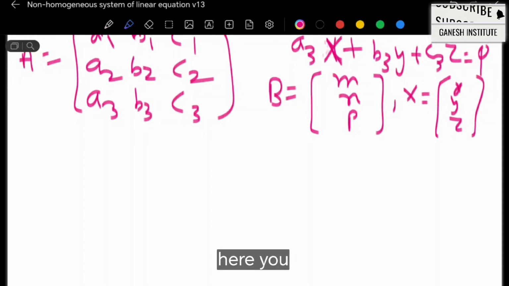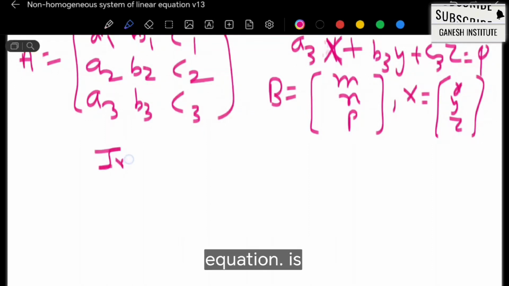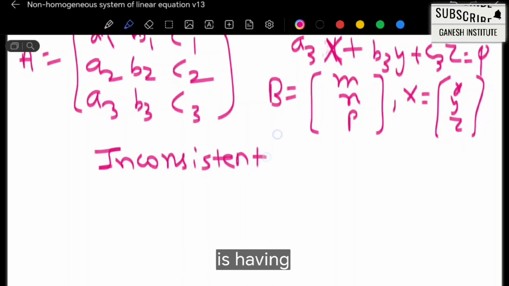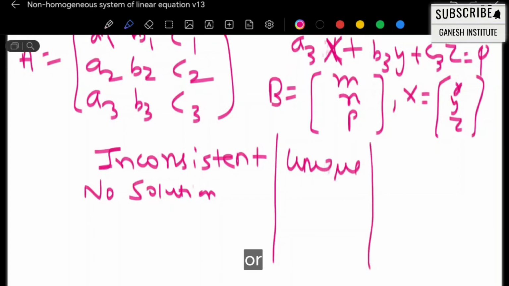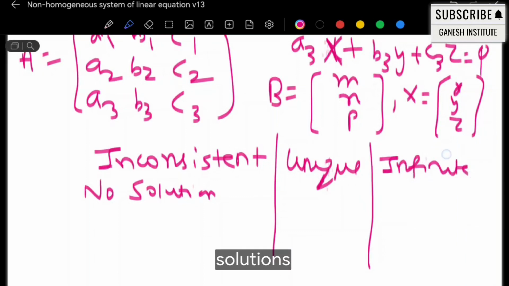Here you need to see whether a particular equation is inconsistent, that is, having no solution, or has a unique solution, or infinitely many solutions.